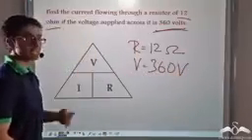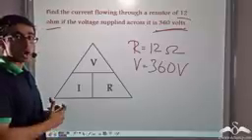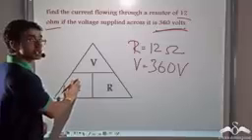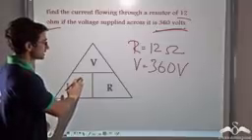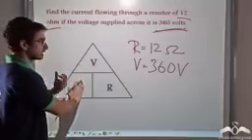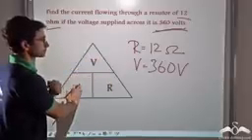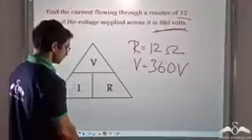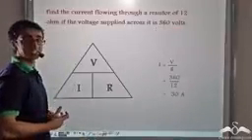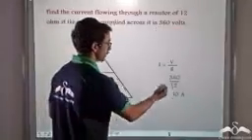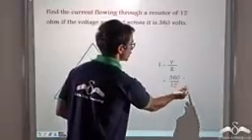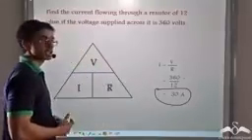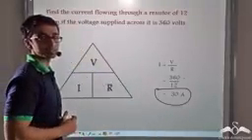So R and V have been provided to us. How can we find the current? We simply cover the value which we have to find. The resulting expression is V upon R, and we have been supplied the values of both V and R. So we simply divide V by R, that is 360 upon 12, and we get a result of 30 amperes, which is the current flowing through the resistor.